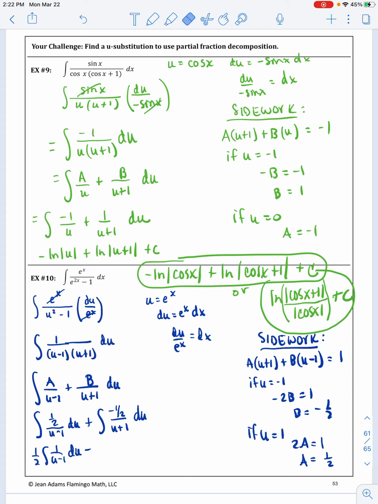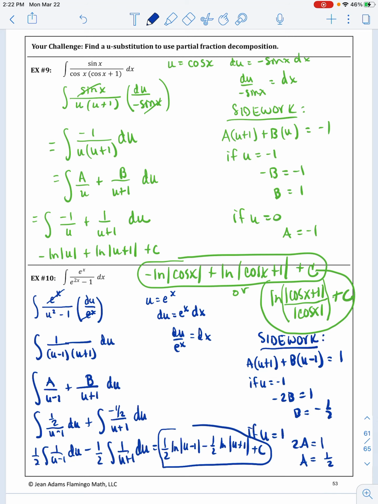And that I probably would make a minus. And so that would be 1/2 times the natural log of the absolute value of u minus 1 minus 1/2 times the absolute value of u plus 1 plus c. So that's one answer.